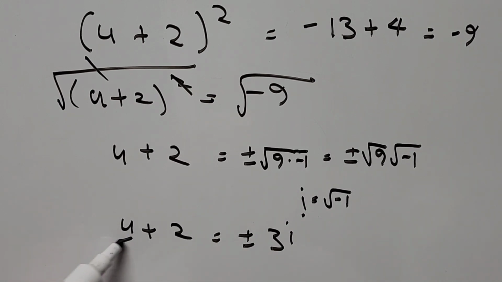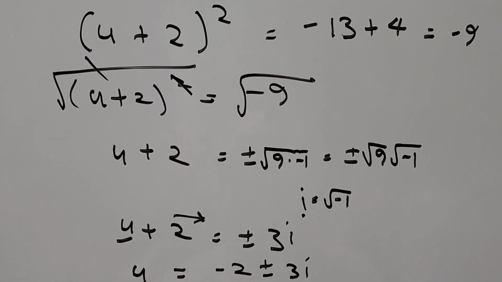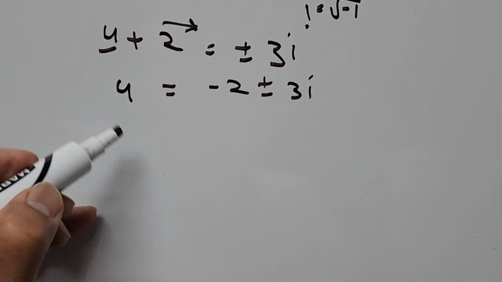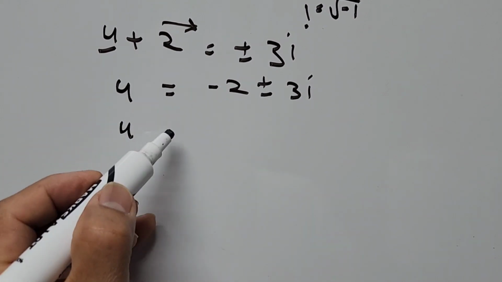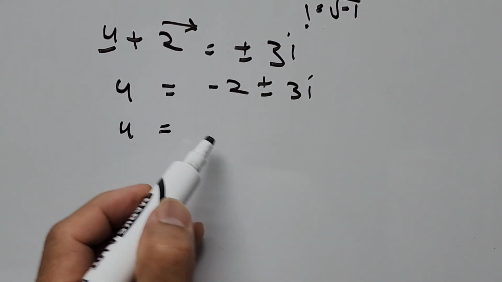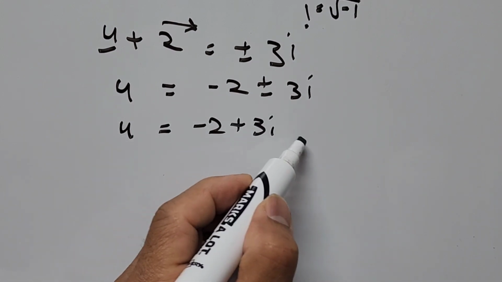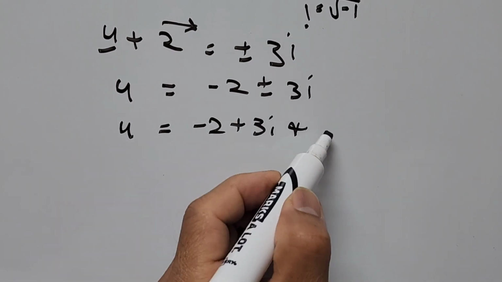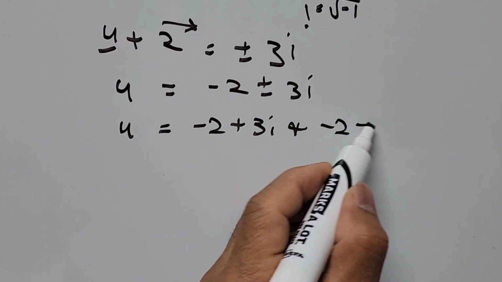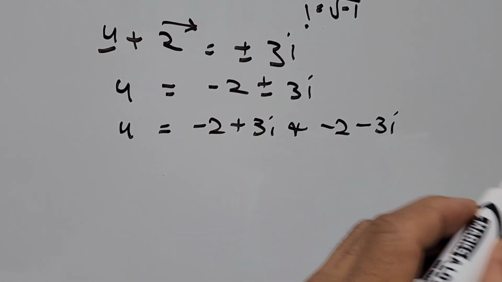Solving for the value of u, taking 2 to the other side, we have u equal to negative 2 plus or minus 3 times i. So we have the 2 roots of u: negative 2 plus 3 times i and negative 2 minus 3 times i.